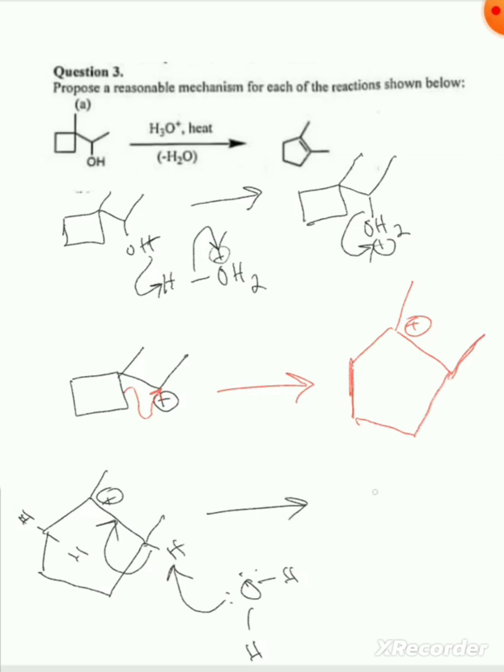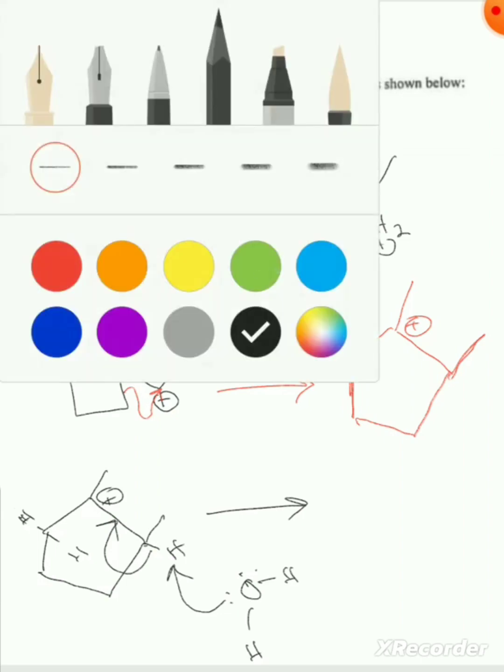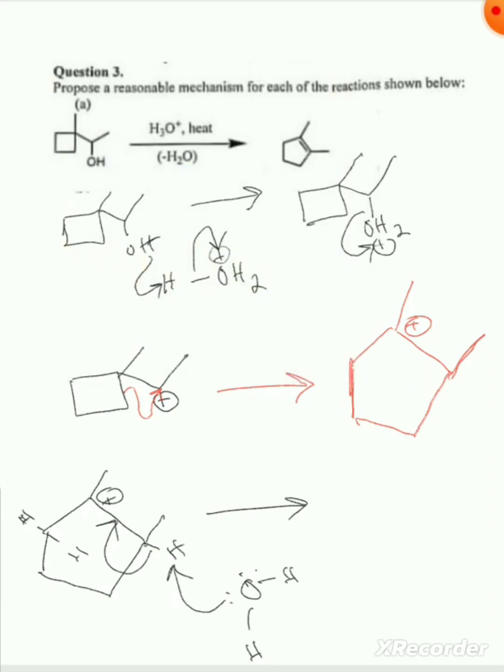So our product will be like this, like this, like this. Here there's a double bond, the one that has been formed. This one has been neutralized, the carbocation or the ion there.